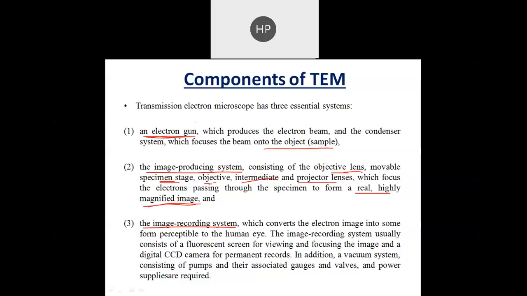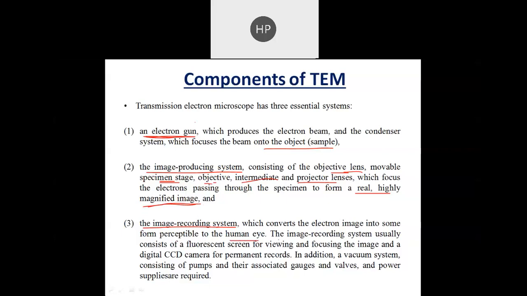But now those electrons must be converted into some image form, because our eye can understand the form of an image. So the image recording system will convert the electron image into a form perceptible to the human eye.